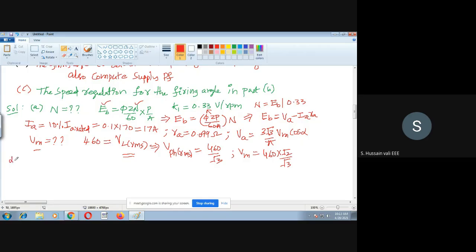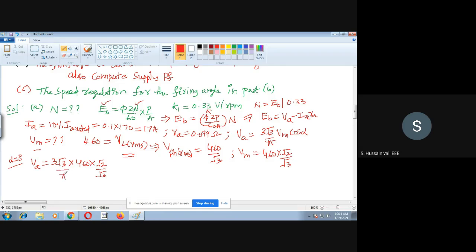First, alpha is equal to 0. VA is equal to 3 root 3 by pi into Vm, which is 460 into root 2 by root 3, into cos 0. We forgot pi.